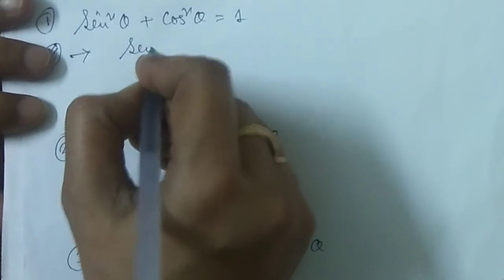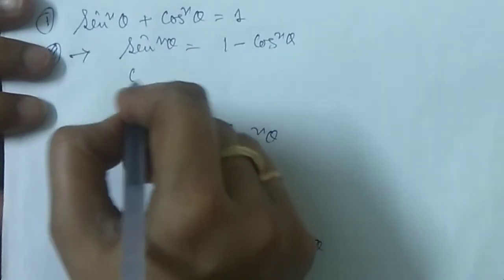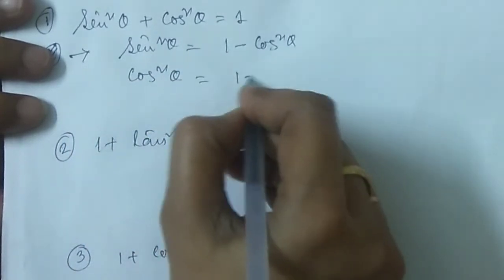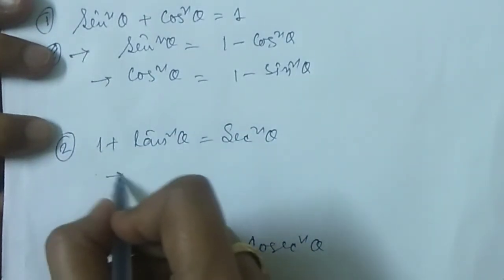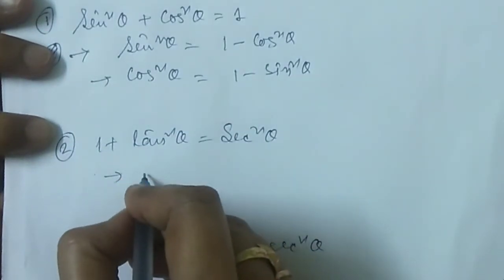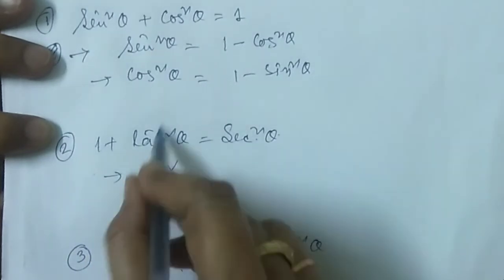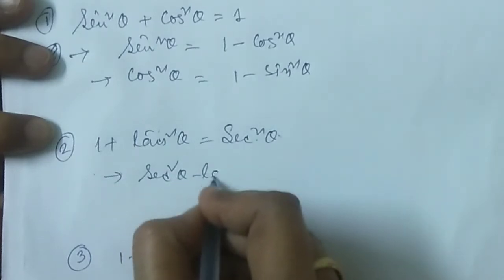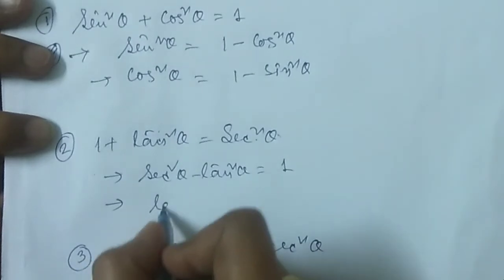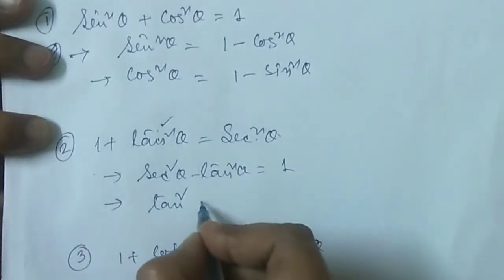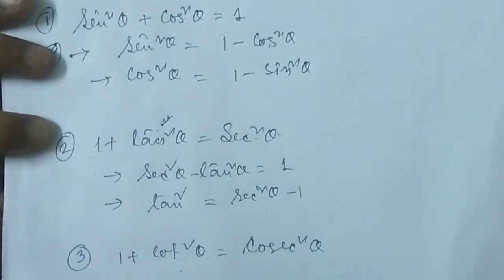Like if you need sine square theta, then you can get 1 minus cos square theta, or if you need cos square theta, 1 minus sine square theta. From the second identity, if you need 1, tan square has to be shifted, so it will be sec square theta minus tan square theta. That will give you 1. Second relation, if you find tan square theta, then it is sec square theta minus 1.